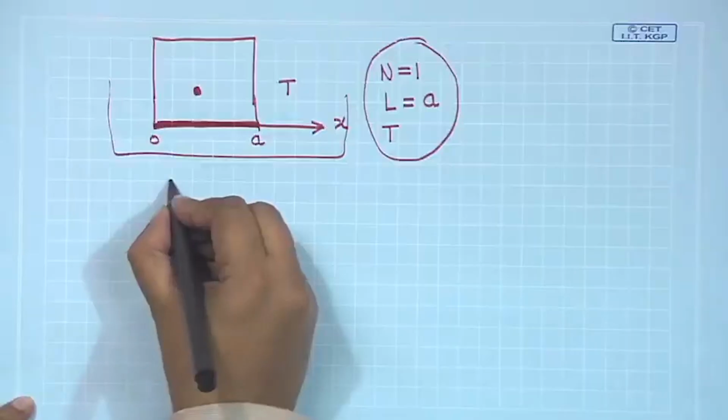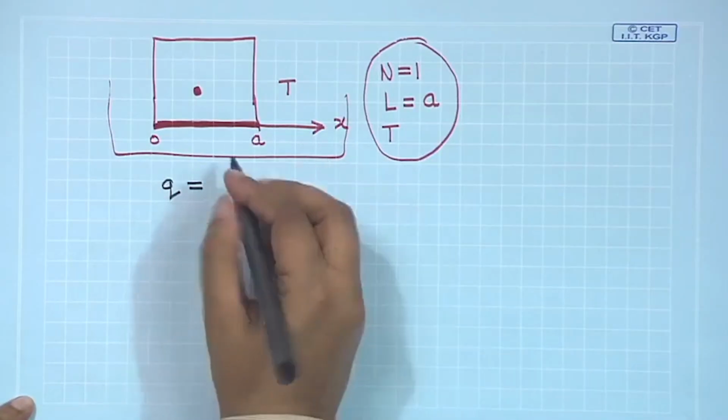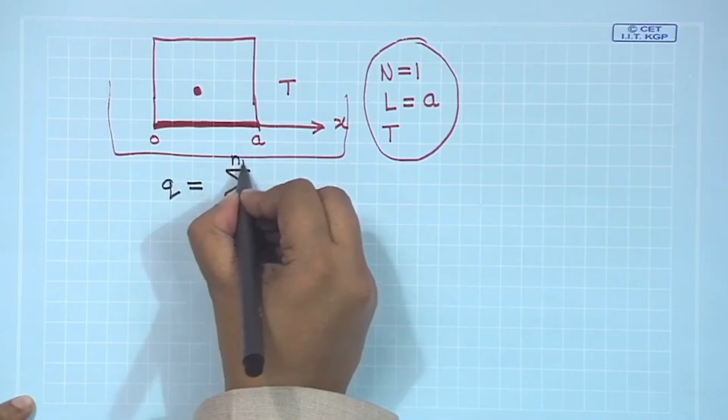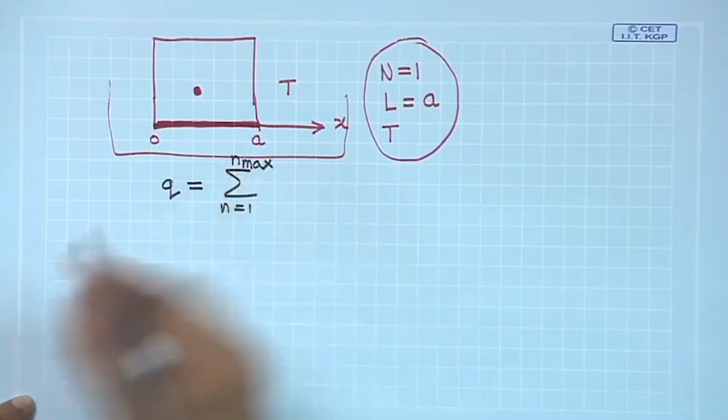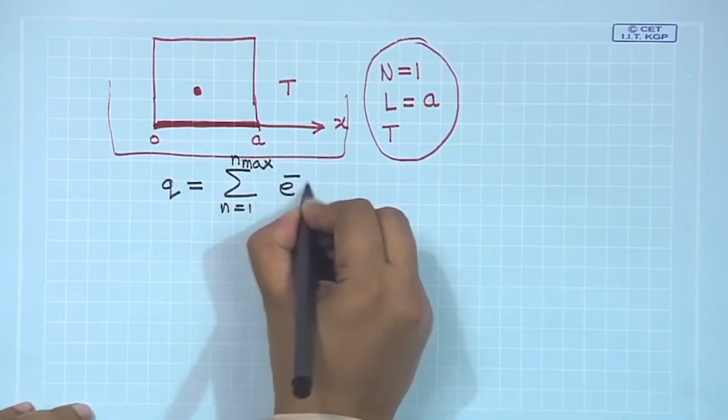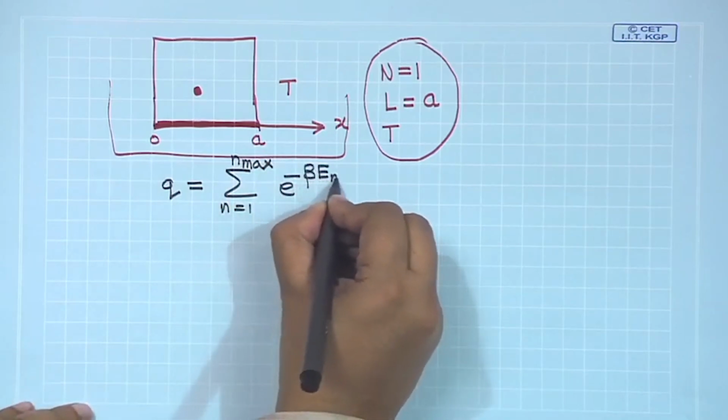You might argue that I can use a computer to do this summation. Even in that case, you will have to specify the maximum value of n up to which you are going to add in the evaluation of q. Now, my small q is a number like, say, the summation over n going from 1 to some n max, for the purpose of my actual summation, of e to the power of minus beta E n.